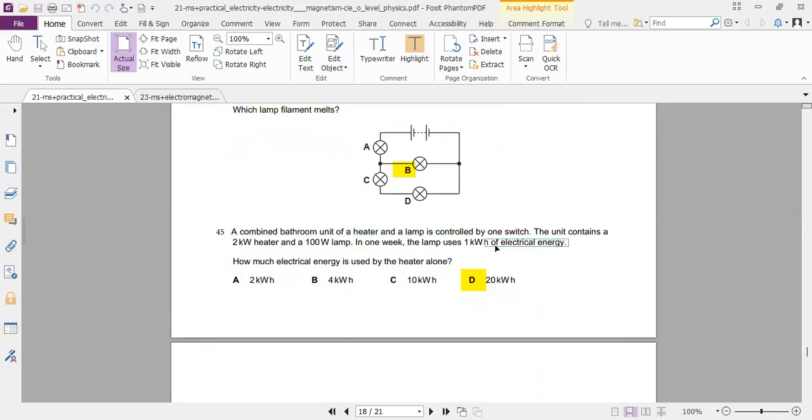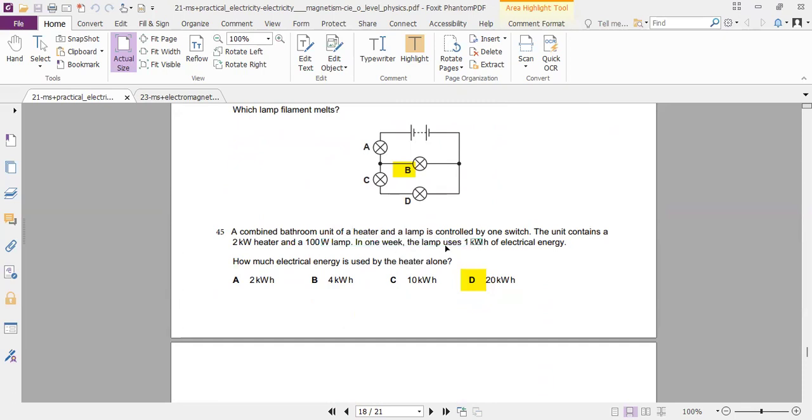Cost calculation: 2 kilowatt, 100 watt, 1 kilowatt of energy. How much electrical energy is used by the heater alone? So you have to work it out by calculating the total energy, and the lamp is 100 watt, and in 1 week it uses 1 kilowatt.